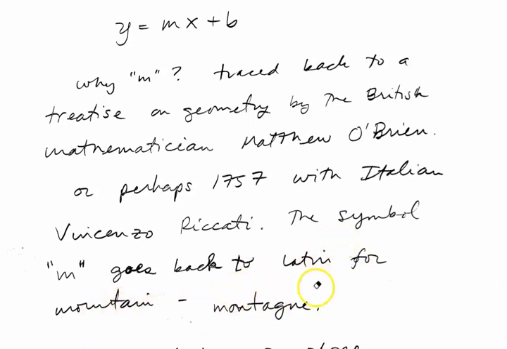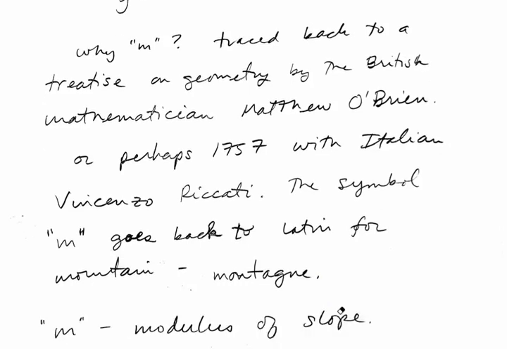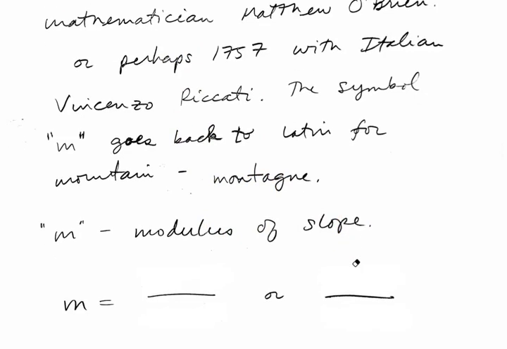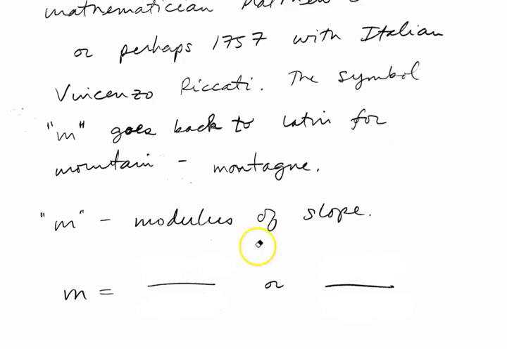And so the slope could be seen as the side of a mountain, the slope of a mountain. And so the Latin word, I'm going to forego pronouncing that. Also, m could be modulus of the slope. So the modulus is a constant. In other engineering, like the modulus of elasticity would be described for certain materials. So, however, it is just traditionally known as m.